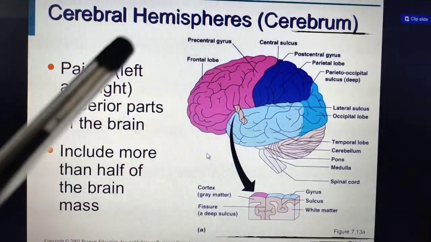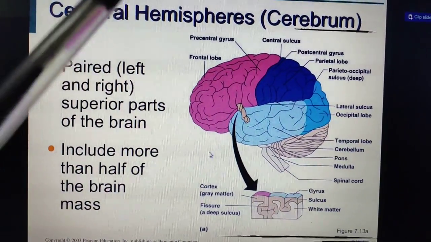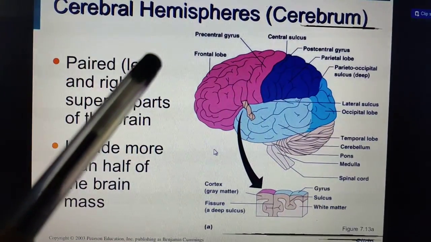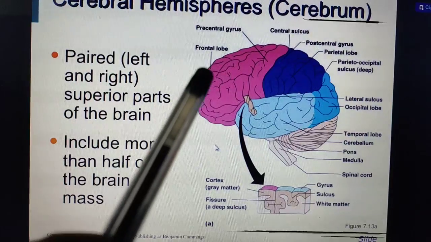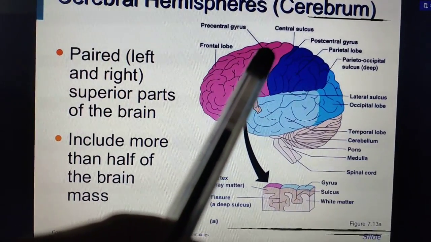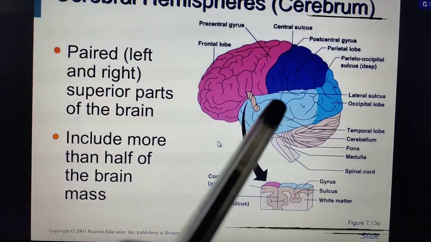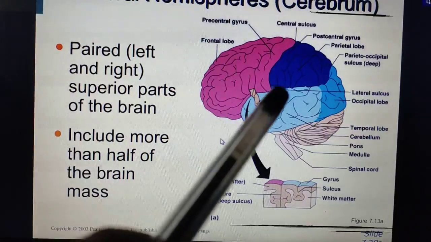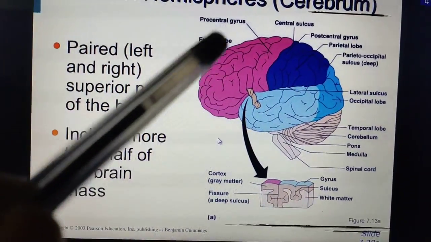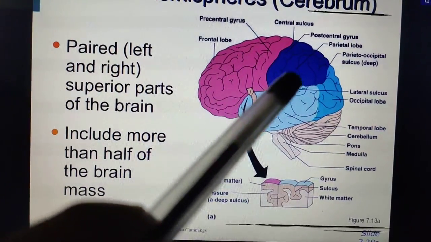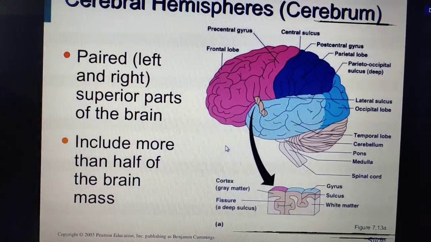This is the cerebral hemisphere, most of the brain, which consists of the cerebrum. Understood, no? Again we can see the lobes also. This cerebrum consists of the frontal lobe, parietal lobe, and the occipital lobe. Once again, the frontal lobe, parietal lobe, occipital lobe. Clear? We'll discuss in the next slide.